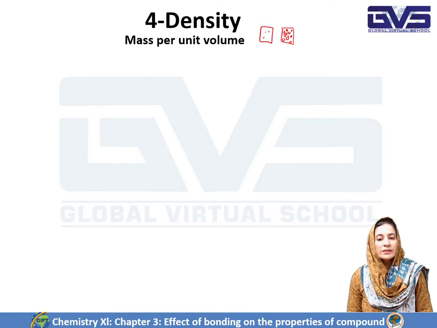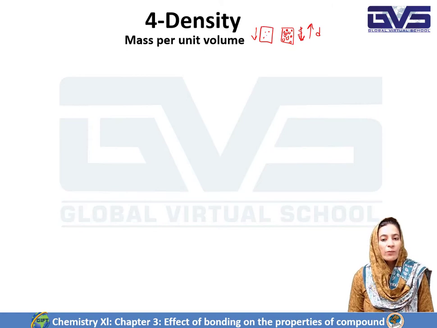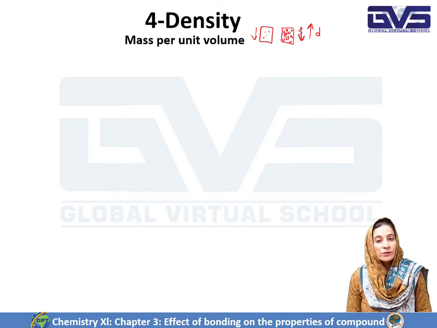The one with higher mass per unit volume has high density, while the other has low mass per unit volume, so it has low density. Both have the same volume, but within the same volume one has greater mass and one has lower mass. So whichever has the higher mass per unit volume will have the higher density.